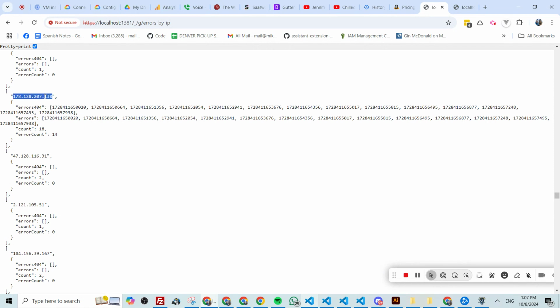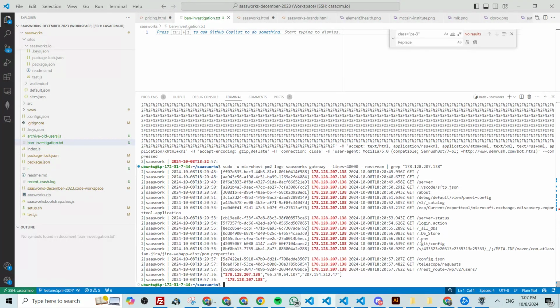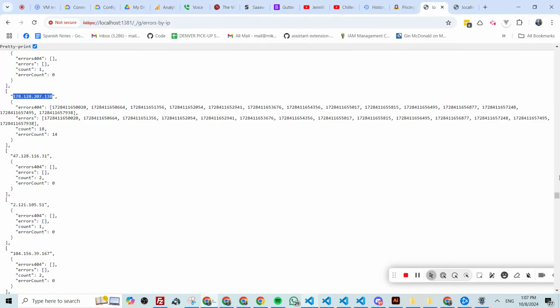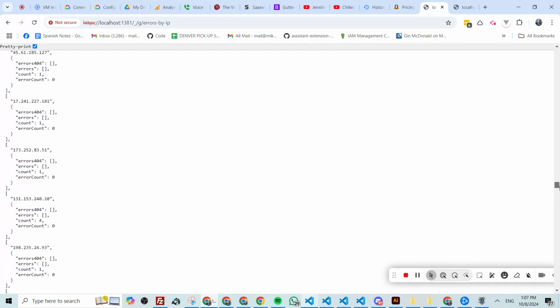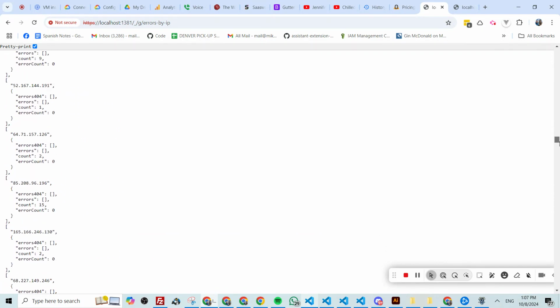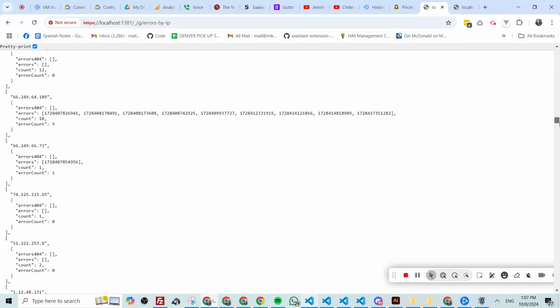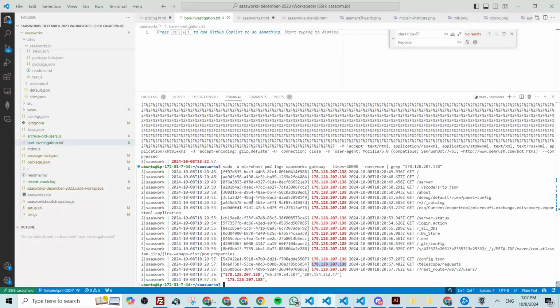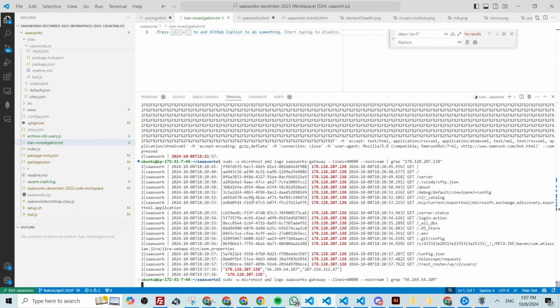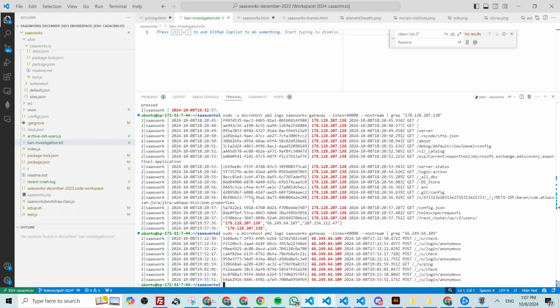I mean, here's another, I think this was the other IP that got banned. That's exactly the one we probably just checked right here. But yeah, everyone else has a pretty modest or low rate. Who knows? Maybe this is another Google bot. Let's see, because I think it was that 66 IP.